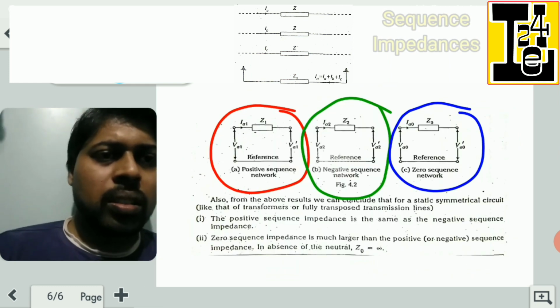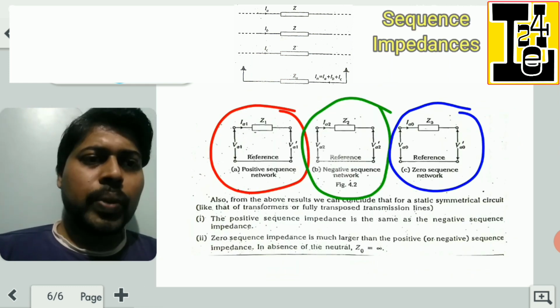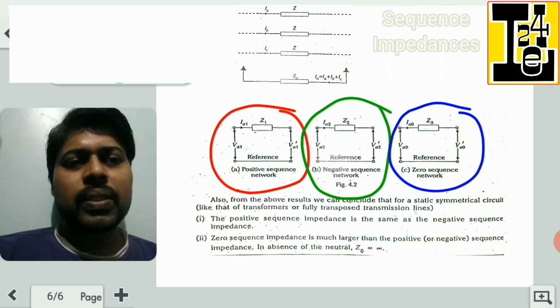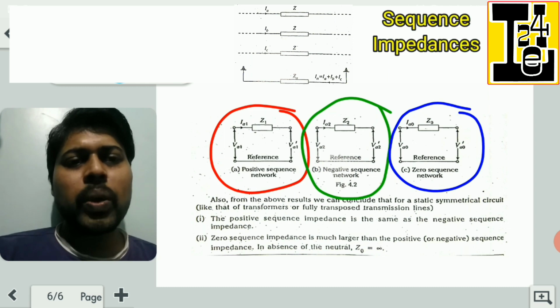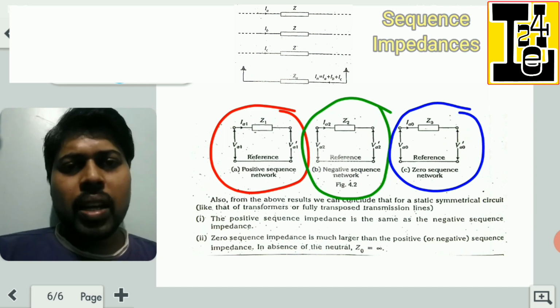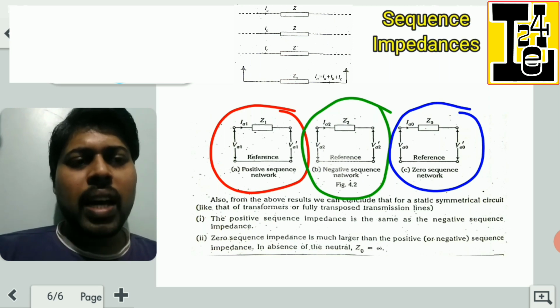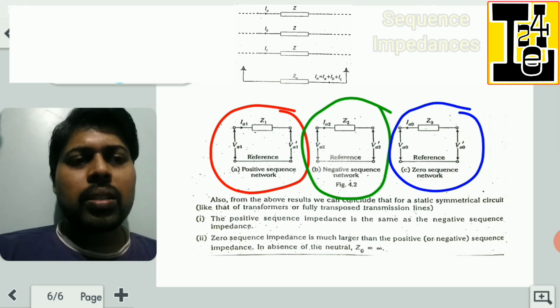Here, from these we can say that the positive sequence impedance is the same as the negative sequence impedance, as well as the zero sequence impedance is much higher than the positive or the negative sequence impedance.